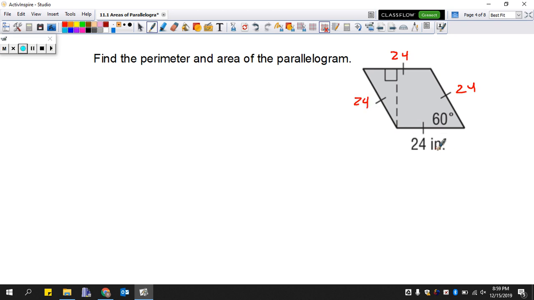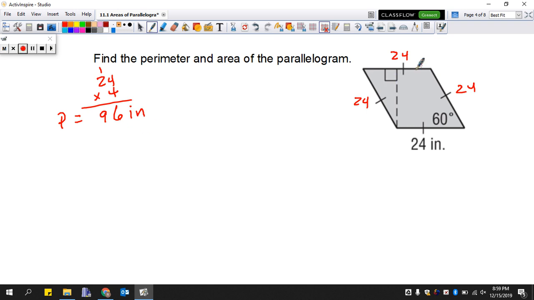The easiest way to find the perimeter is 24 times 4. We could add them all together, but remember, repeated addition is simply the same as multiplication. 4 times 4 is 16. 2 times 4 is 8, plus 1 is 9. So the perimeter is 96 inches.